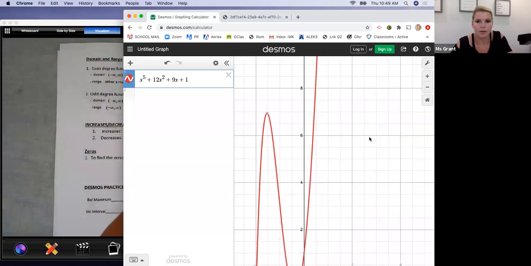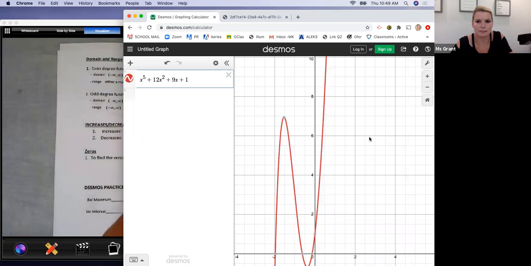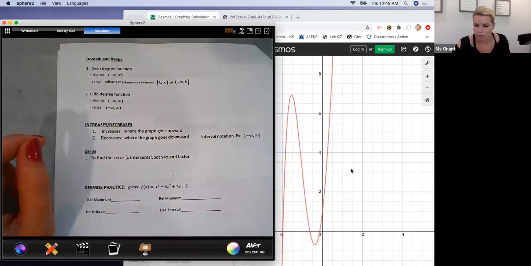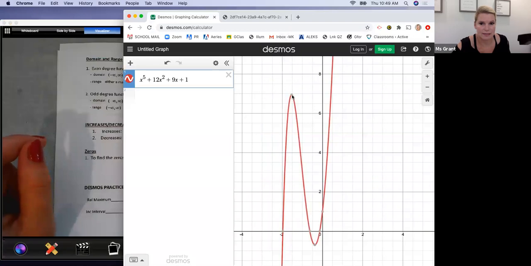Be careful with my mouse, like right here. See that? That is a turning point. That's where it starts to decrease. So let's talk about decreasing.